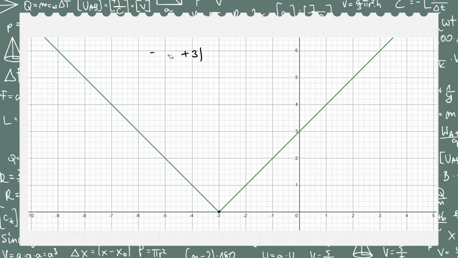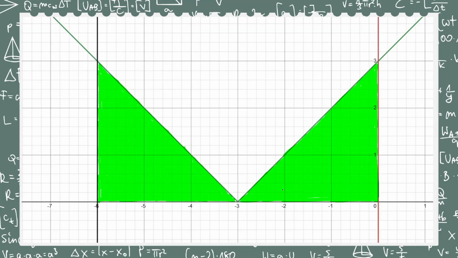The area we need to find is between x equal to minus 6 and x equal to 0, in between these two values. So when we mark them, see, this is minus 6 and this is 0. So the area we need to find is the green colored shaded region.